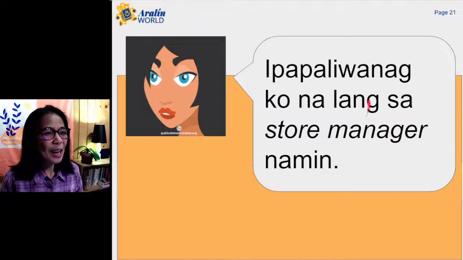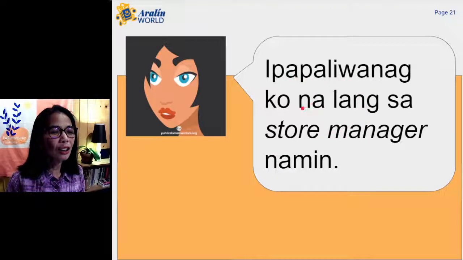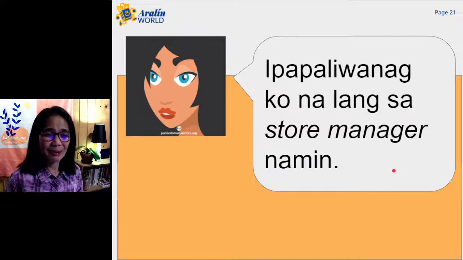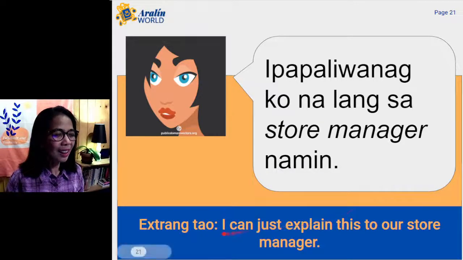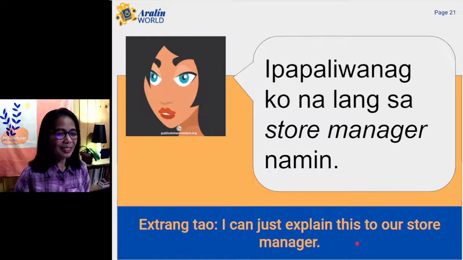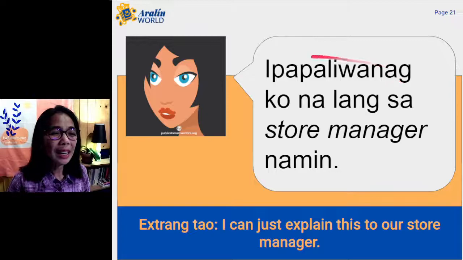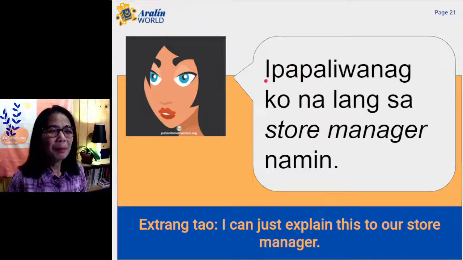Okay, next. Ipapaliwanag. Repeat after me. Ipapaliwanag ko na lang sa store manager namin. What does it mean in English? I can just explain this to our store manager. Ipapaliwanag is a future tense verb.